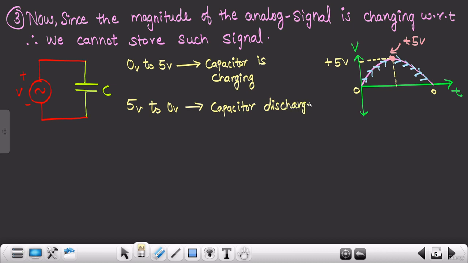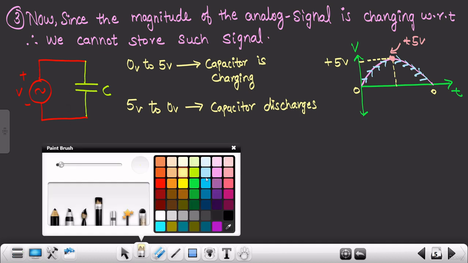So that means that in the case of a sinusoidal waveform, the capacitor is not able to hold the charge. This is the important conclusion.